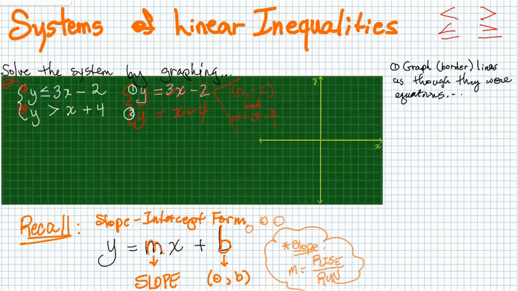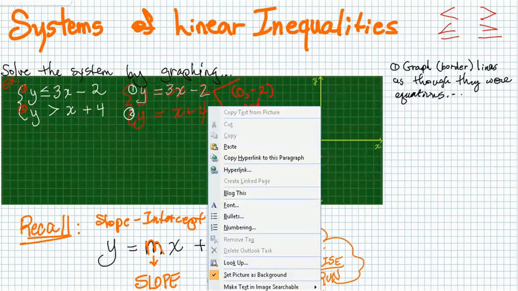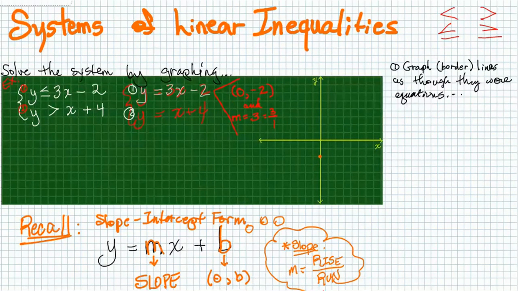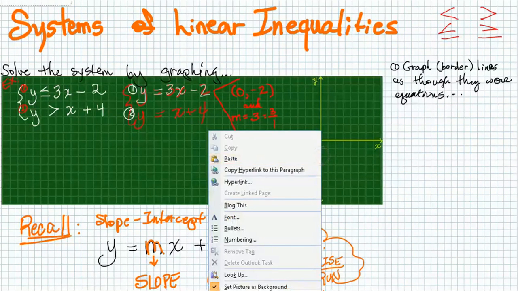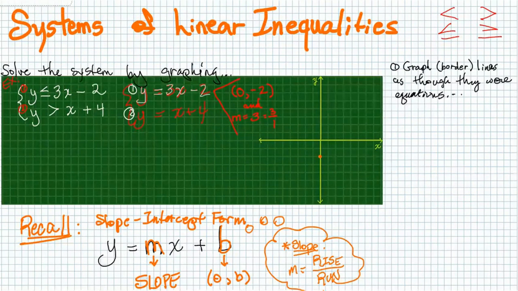So for equation 1, we have a y-intercept of (0, -2). Let's plot the point: 0 left or right, down 2. And so we're right on the y-axis, right there. And then from that point, we're going to rise 3 and run 1.